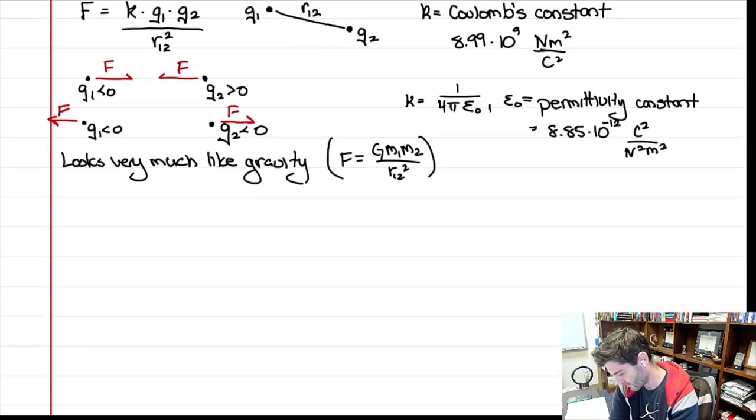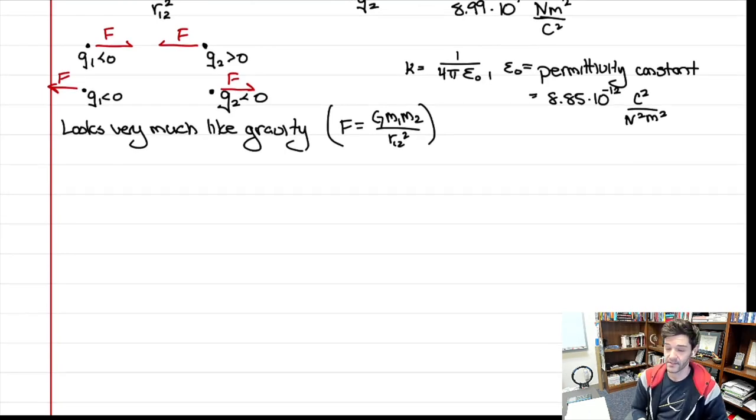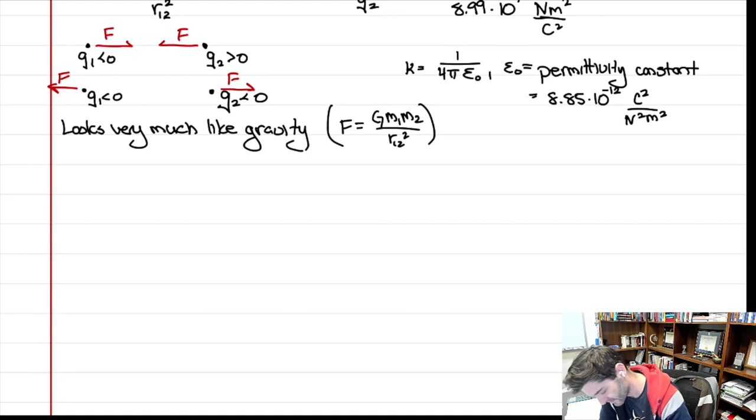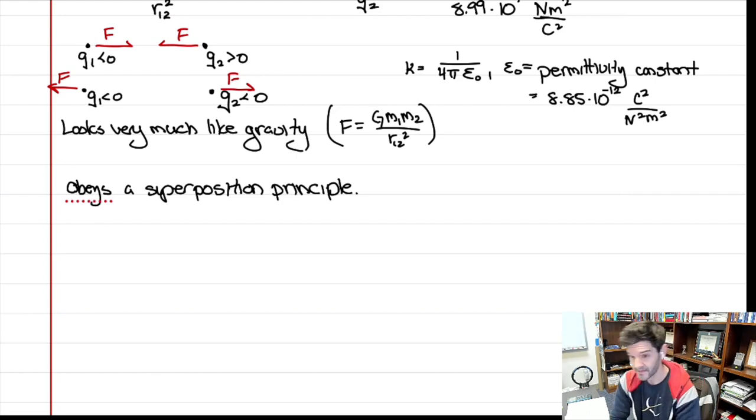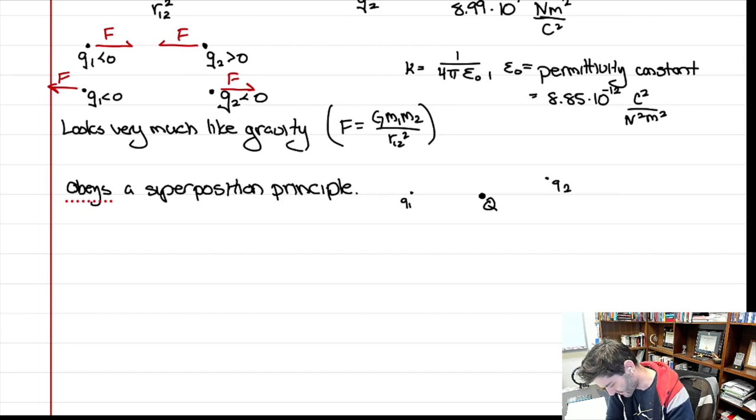The one thing I'll say before I do a few examples, and then that'll be it for this particular video, is that like other forces, it also obeys a superposition principle. And all that means is if I have some charge capital Q that I want to study, maybe that's my system, my object, maybe there's a Q1 over here, Q2 over here, Q3 here, Q4 here, and they might be positive or negative.